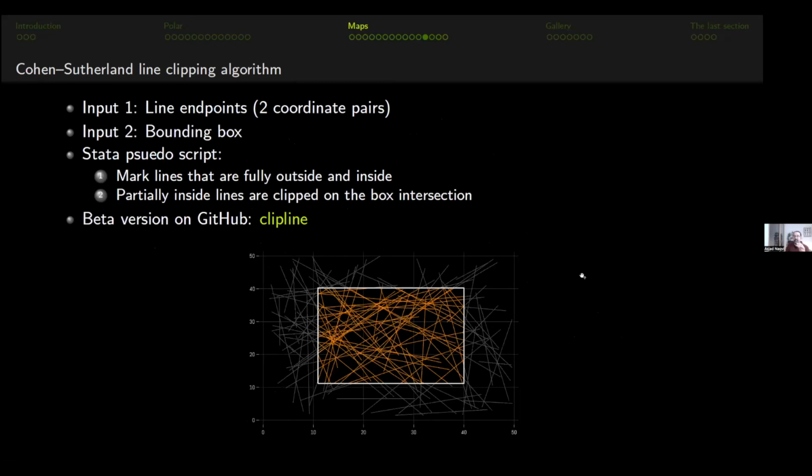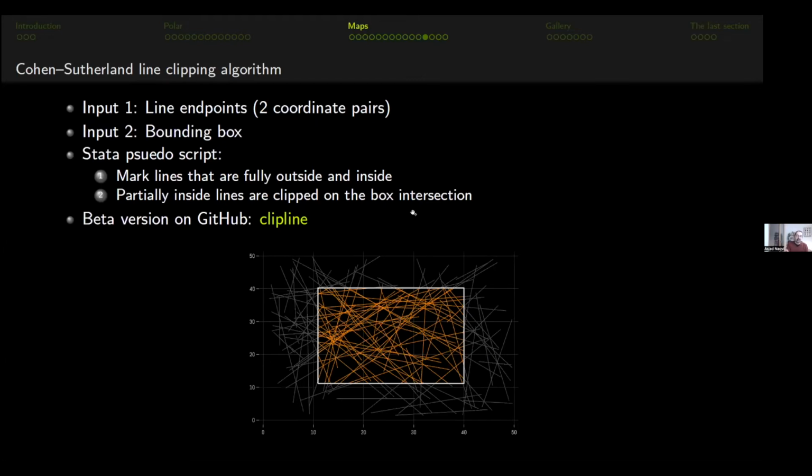A lot of stuff has to be preserved in terms of order, because you can have lines that are completely cutting across the box, which are then clipped in the sense that you are still preserving what is inside and what is outside the box. There is a beta version of this on GitHub, so I'll share the presentation so you can check out this algorithm or test it with data.